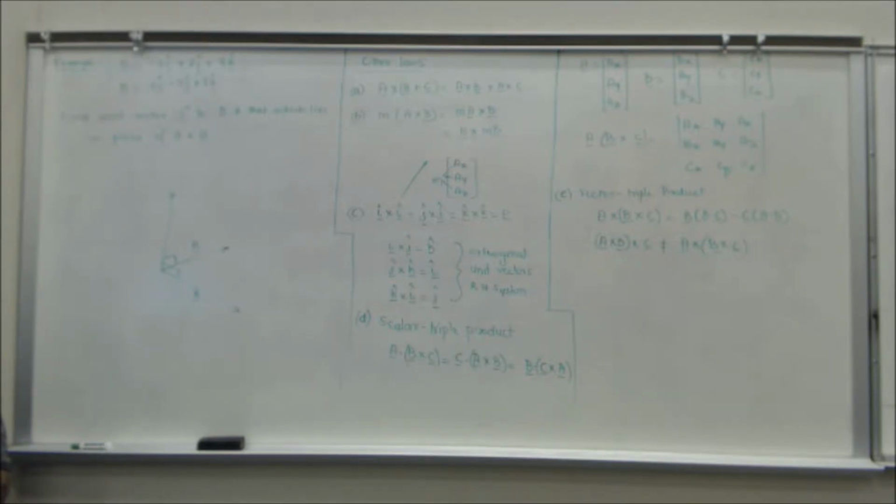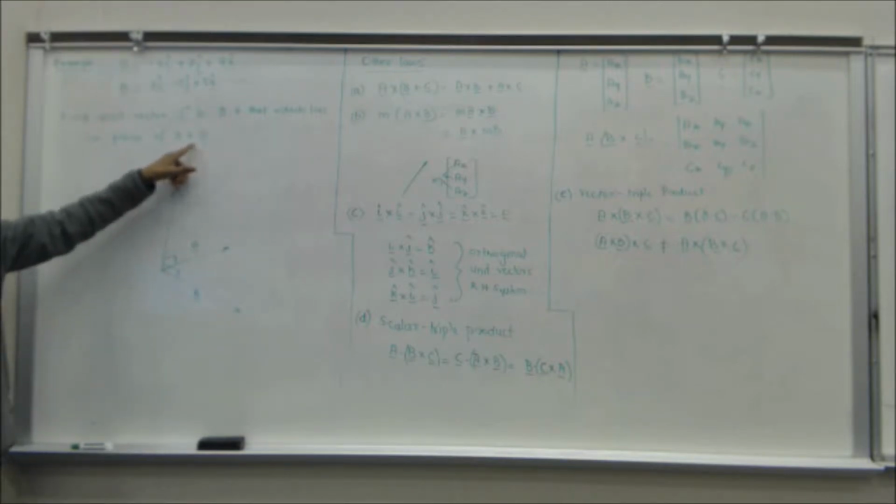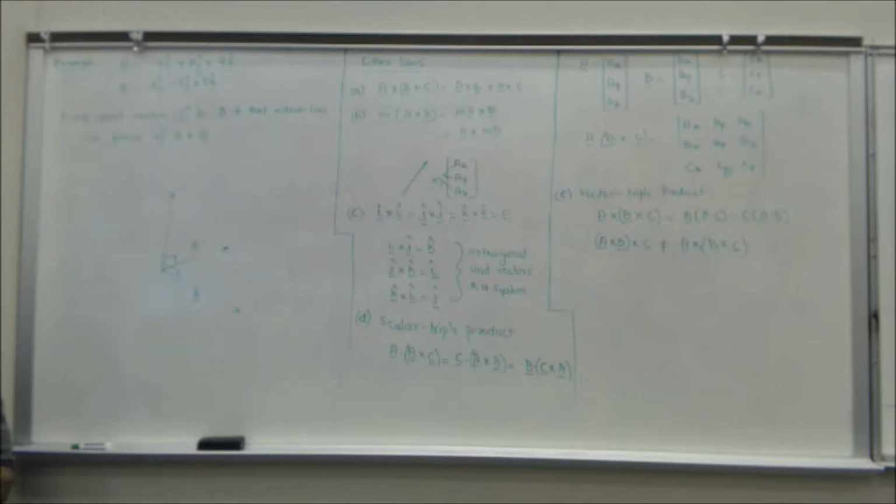And this is critical to this whole course. This is how you visualize vector mathematics. What is the direction of the unit vector? It is given to you. The unit vector is perpendicular to A, and it is in the plane of A and B.